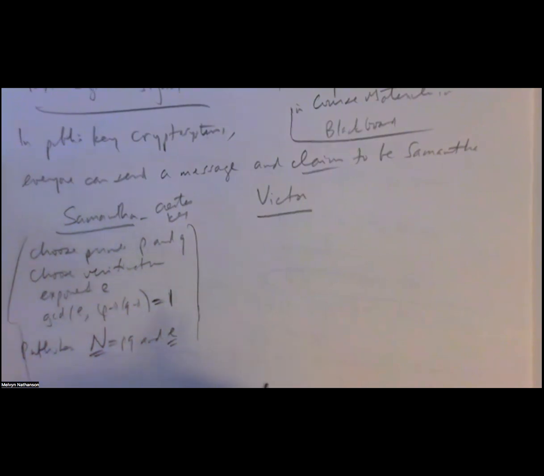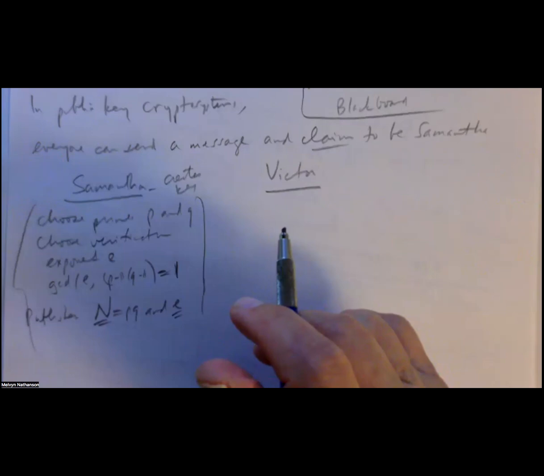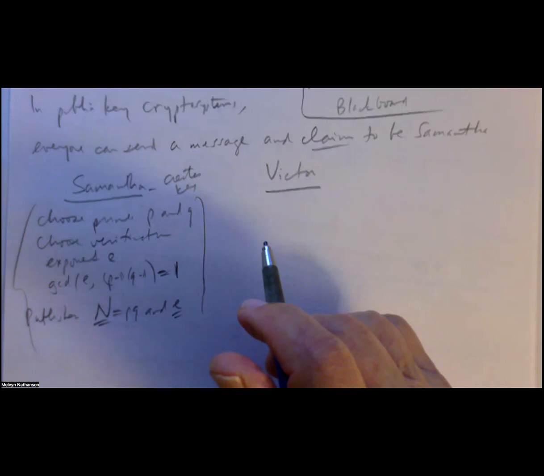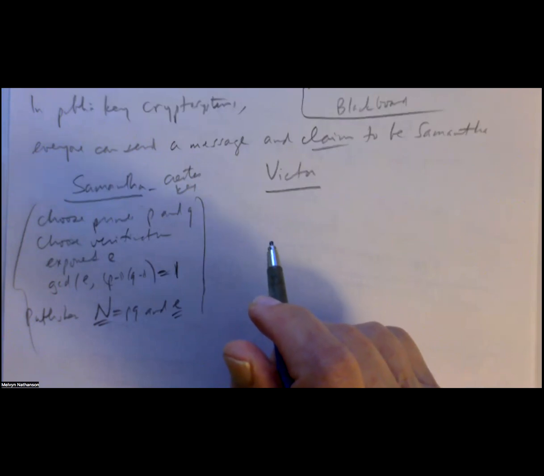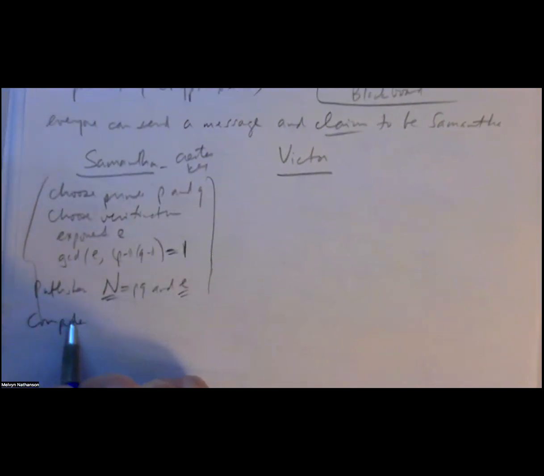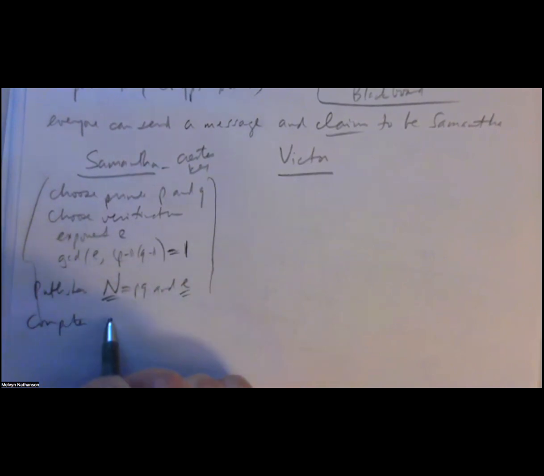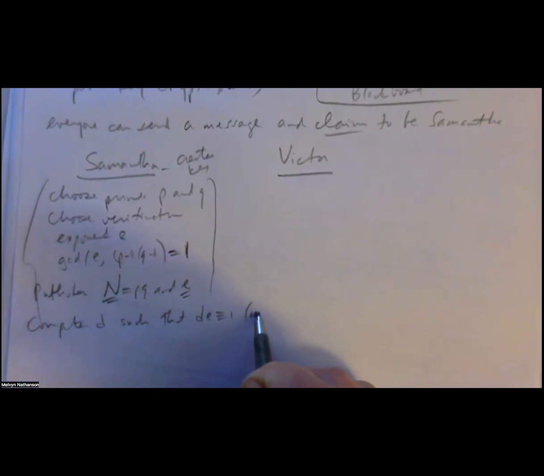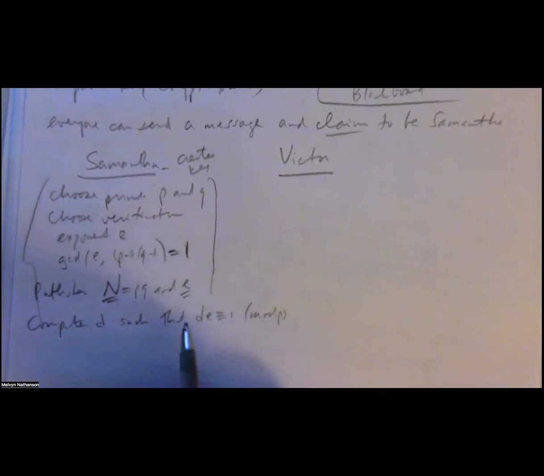Then Samantha computes the inverse of E. She computes D such that D times E is congruent to 1 mod (P minus 1)(Q minus 1).